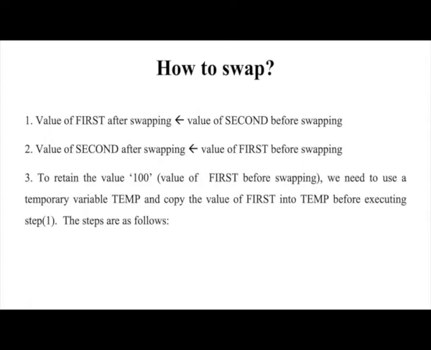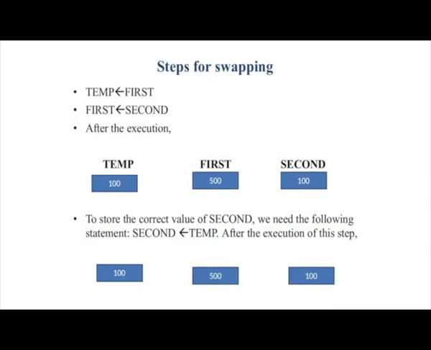To retain the value 100, that is the value of first before swapping, we need to use a temporary variable temp and copy the value of first into temp before executing step 1. The steps are shown: temp is equal to first, first is equal to second, second is equal to temp. After the execution, temp will be 100, first will be 500 and second will be 100.